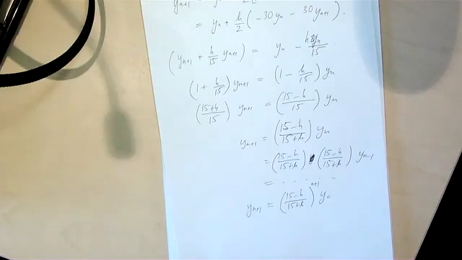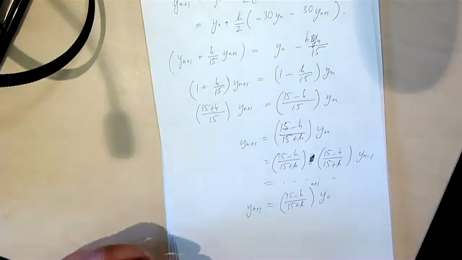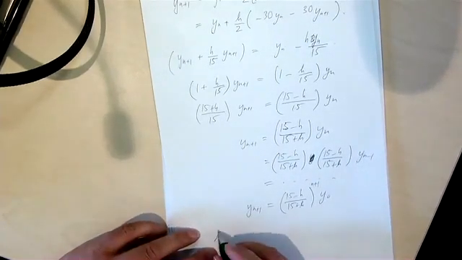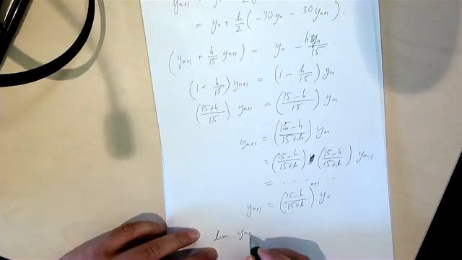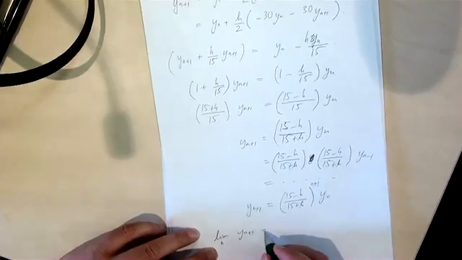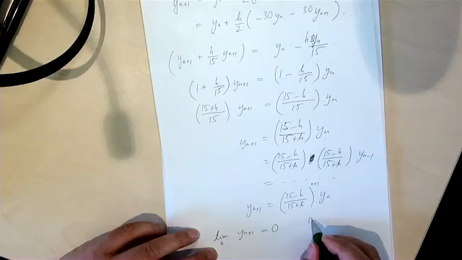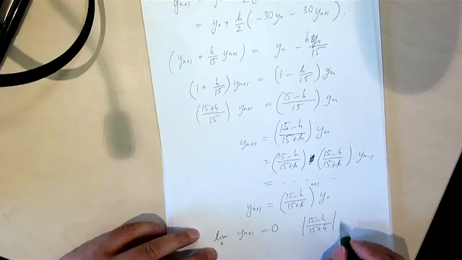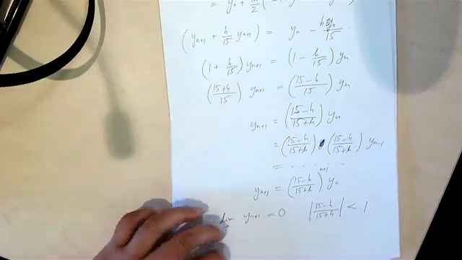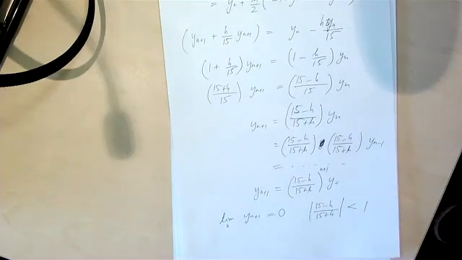So see, in this case, it doesn't matter what h you put in. So the limit of yn plus 1 is always equal to 0, because 15 minus h over 15 plus h is always less than 1 for positive h. Step size has to be positive, right? So that is why the implicit method is stable in this example.